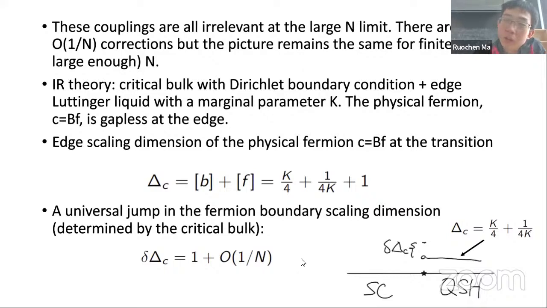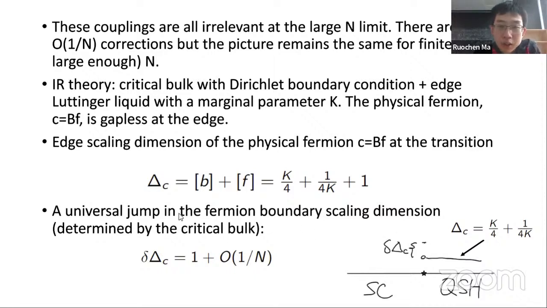Okay, so if we expect that the bulk is decoupled from the boundary, then there's no reason that the Luttinger parameter K changes suddenly. So we expect K, the Luttinger parameter, to change continuously through the transition.